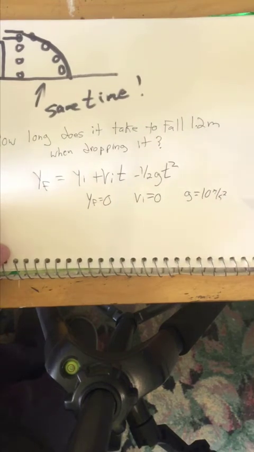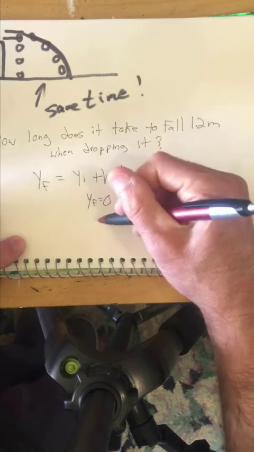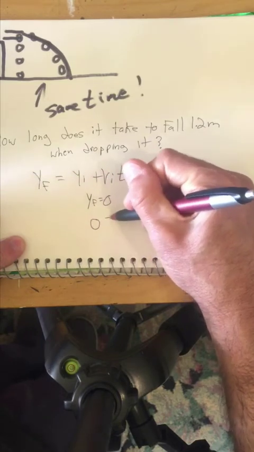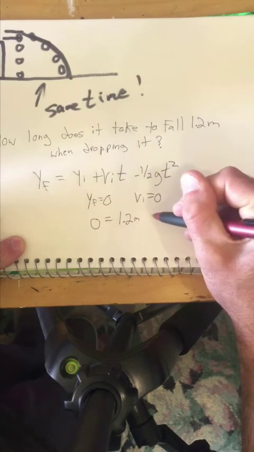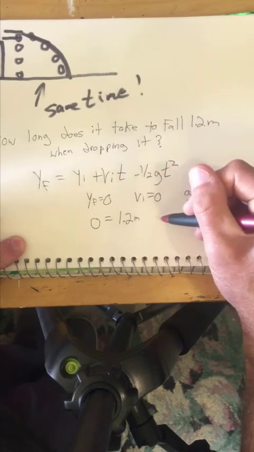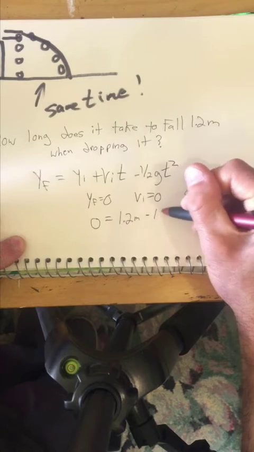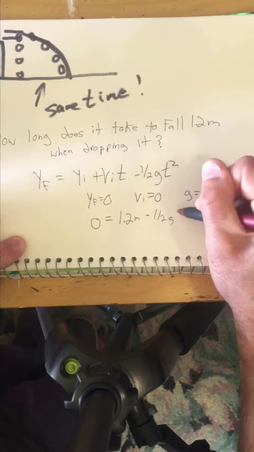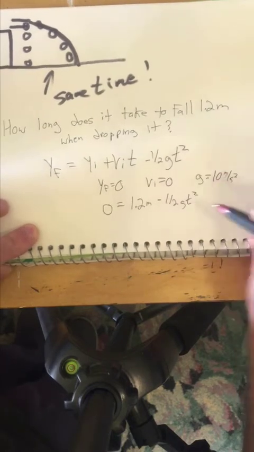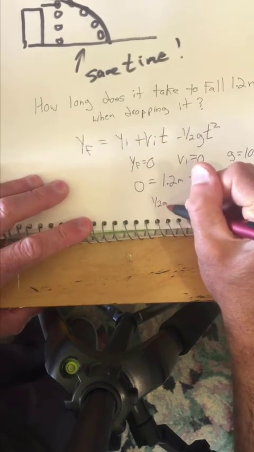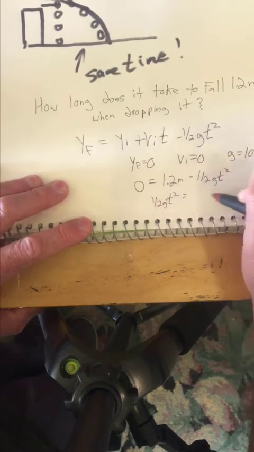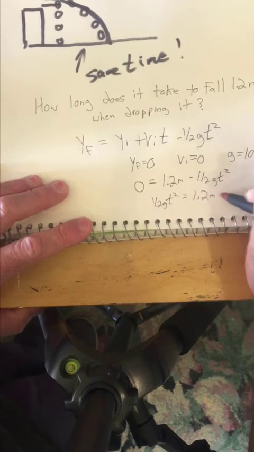All right, so let's plug in what we know. y final is 0 first. So we have 0 equals 1.2 meters because we're dropping it from that height. V initial is 0, so it's minus 1/2 gt squared. And solve for time. And we can say 1/2 gt squared equals 1.2 meters.